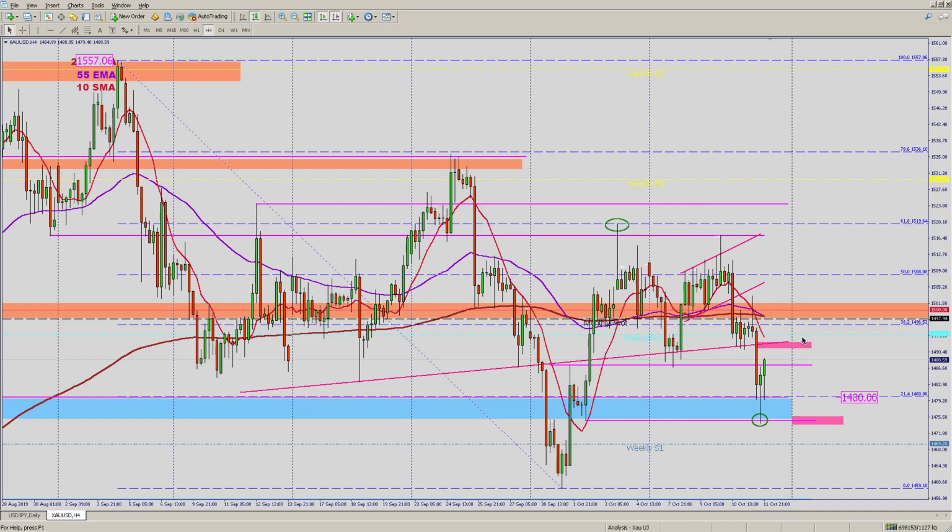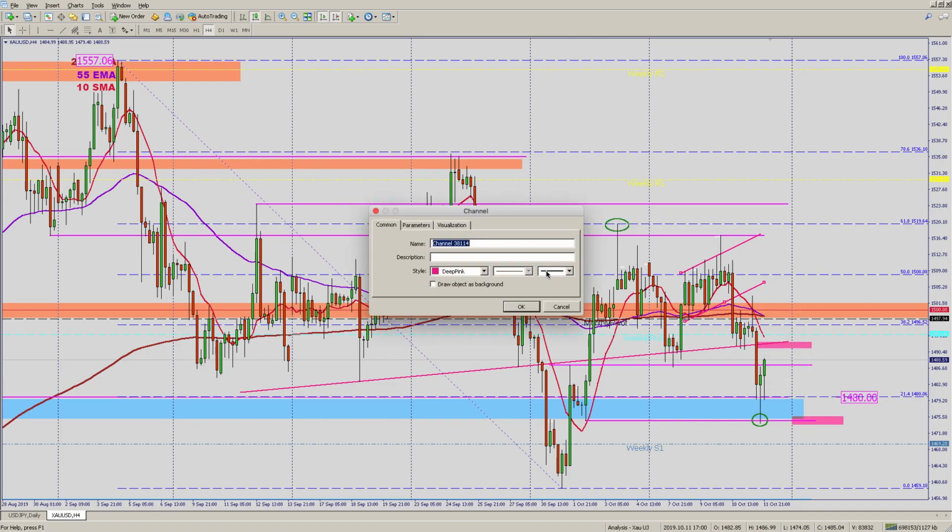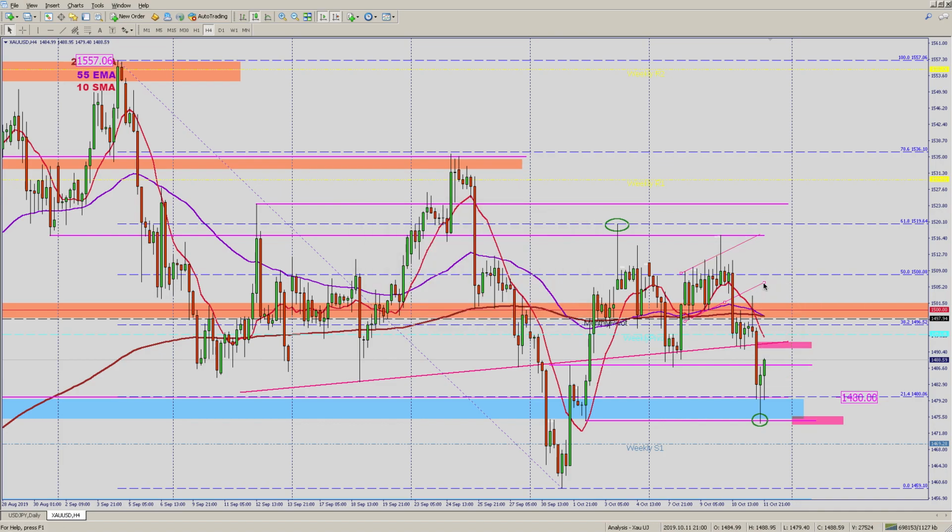And we'll see what the new weekly pivots will be tomorrow on Monday. And this was the bullish channel that it fell from on Thursday.